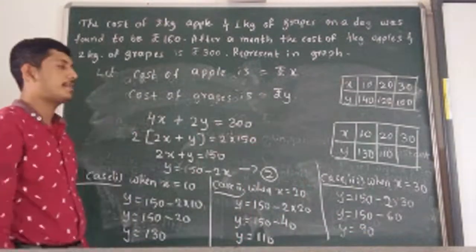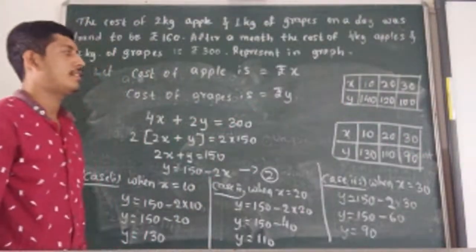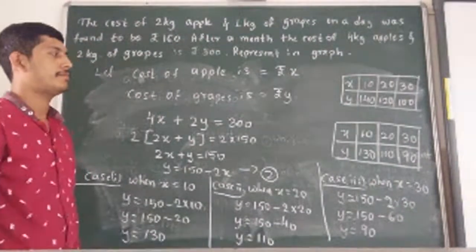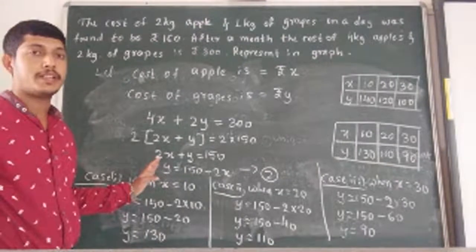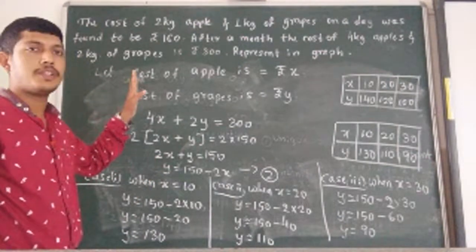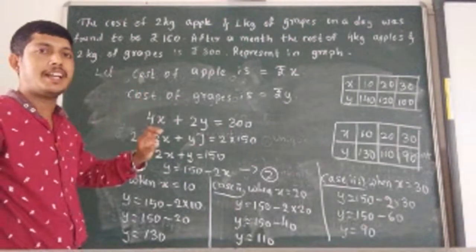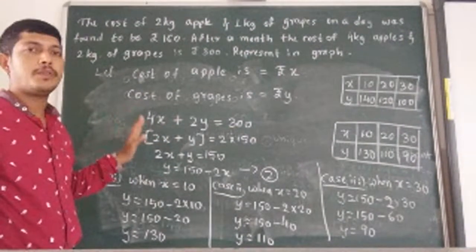Correct? So therefore when x equals 30, the y value becomes 90. So this is the method of solving. You have to analyze the expression, write the mathematical expression for that, and frame one table.